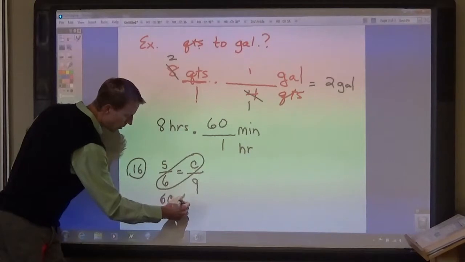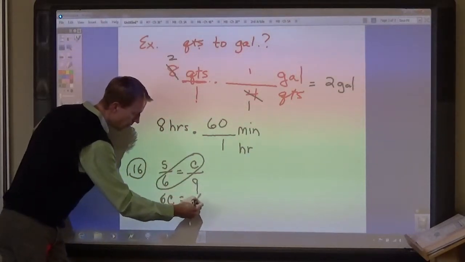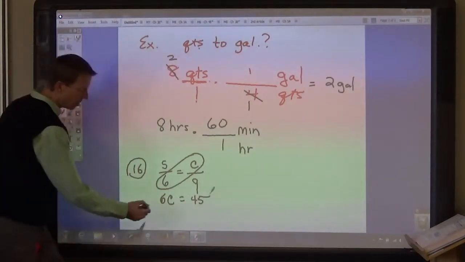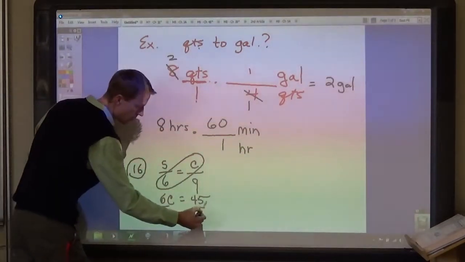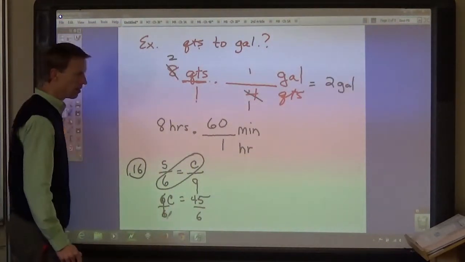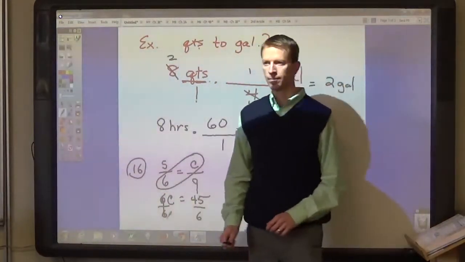Bring down the equal sign. 5 times 9 is 45. Then we can solve this for c, and c is about 7.5.